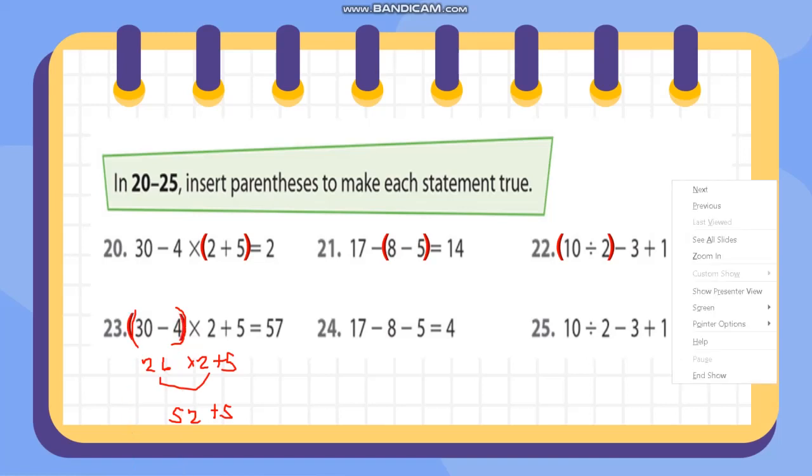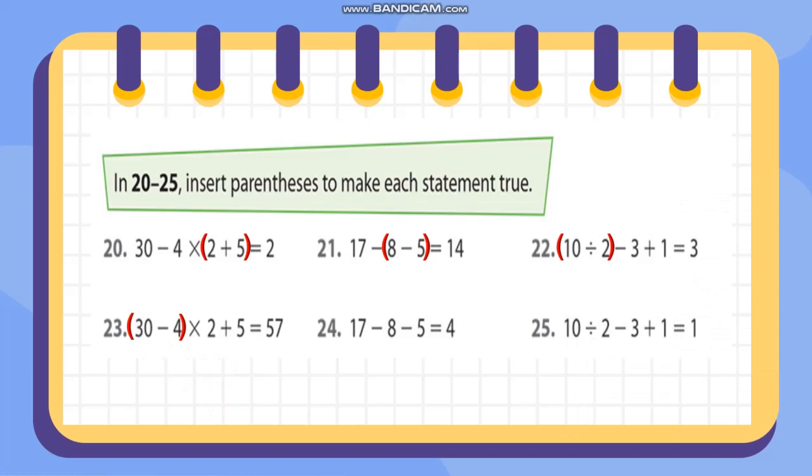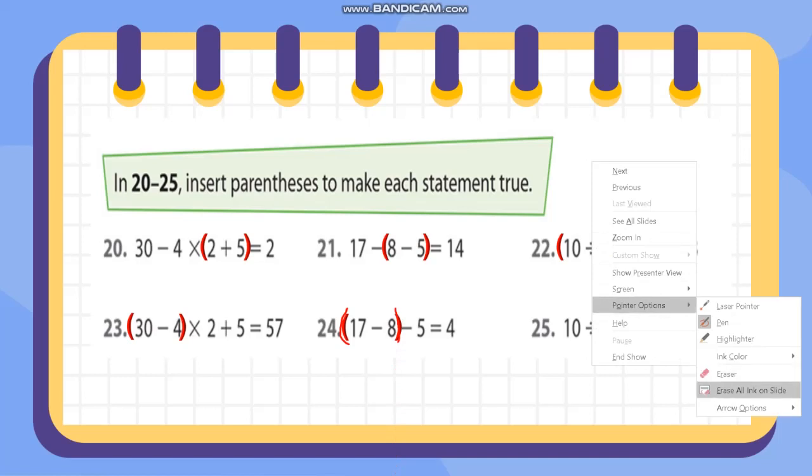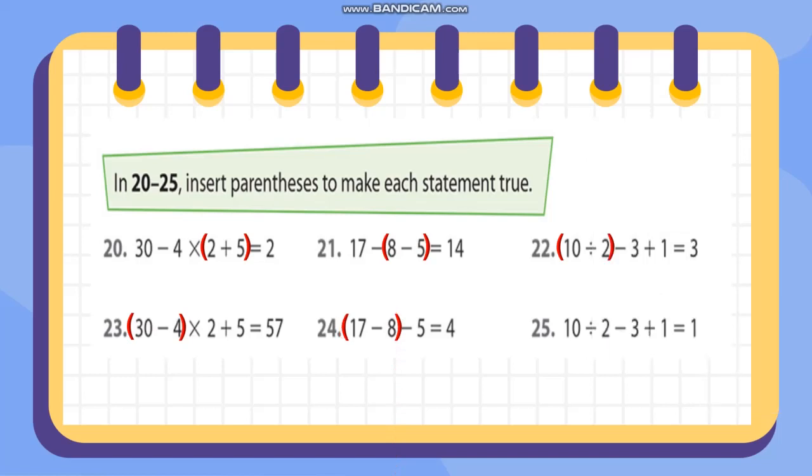That's why that's the correct answer. Question number 24. 17 minus 8 minus 5 is equivalent to 4. So if I put the parentheses here, 17 minus 8 is 9, and 9 minus 5 is 4, so the statement is correct if I put the parentheses there.